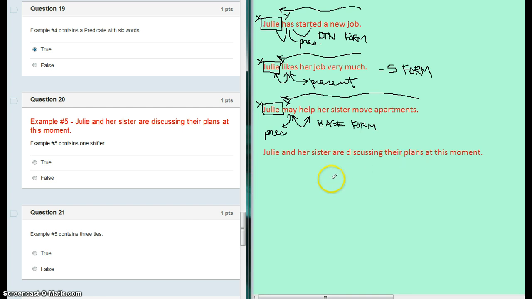Okay, question 20. Julie and her sister are discussing their plans at this moment. At this moment is my shifter. Julie and her sister are discussing their plans. Are is the X word. I move it here to make a question. Are Julie and her sister? Julie and her sister is the subject, and the predicate is everything between.